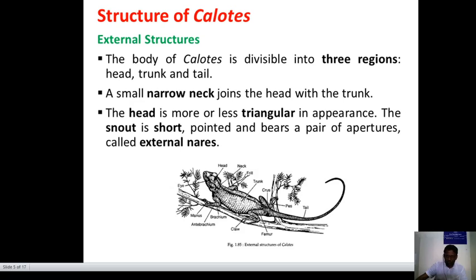The head is more or less triangular in appearance. The snout is short, pointed and bears a pair of apertures called external nares.